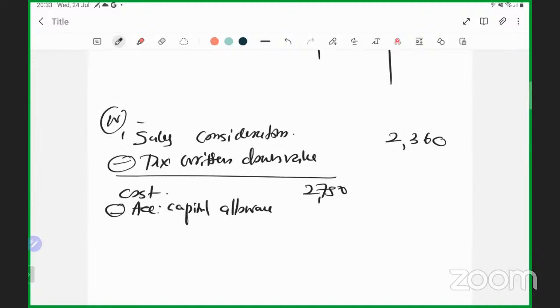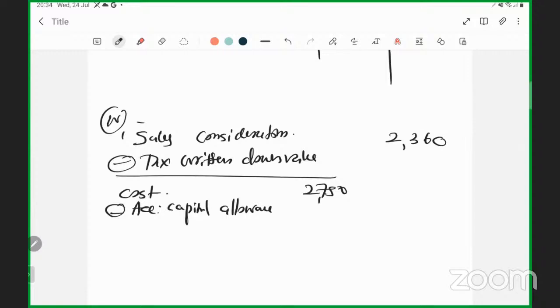Now you need to get the accumulated capital allowances. The student who asked that question, now you can understand, you have to memorize your knowledge. What is the applicable capital allowance rate for machinery first purchased after 1st April 2018?